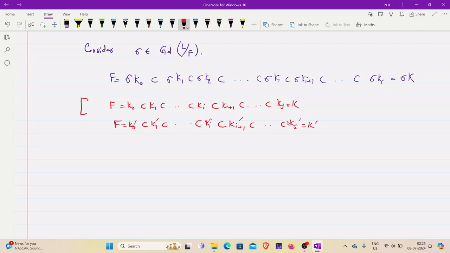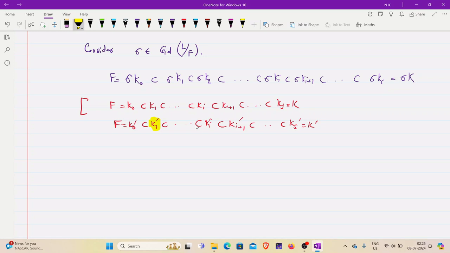First of all, we will apply this K1 dash, because K0 dash is quite common. So we'll apply this K1 dash to each and every field here. Then we will come across a new composite field, and each individual extension will again be a simple radical extension.